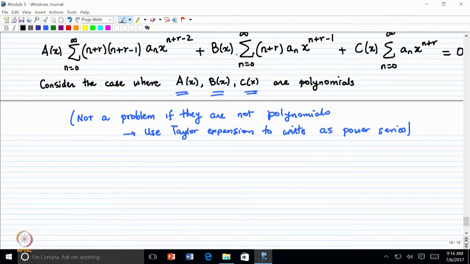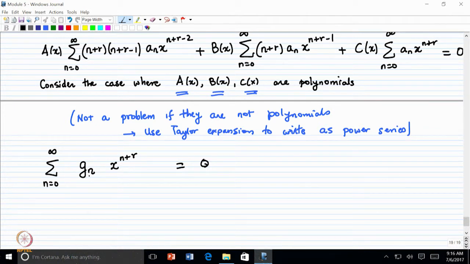If you collect all the terms with the same power, you will get a left hand side that looks like this. I will write the sum from n equal to 0 to infinity of some g of n times x raised to n plus r. So if you collect everything, you will get something like this equal to 0.